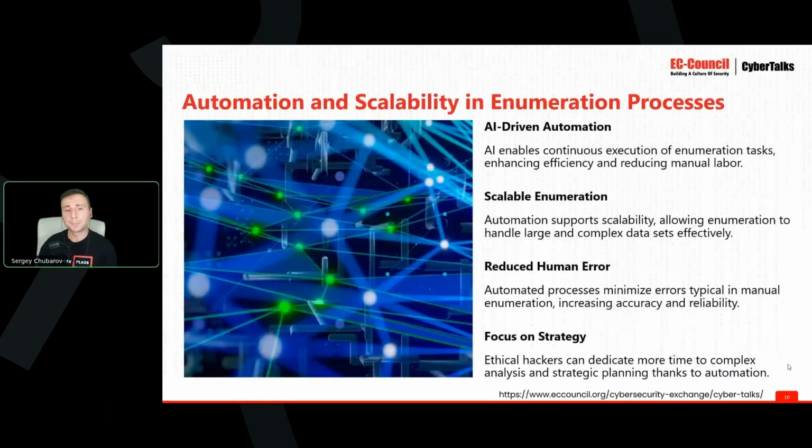How is automation going to help? AI enables continuous execution of enumeration tasks, and in that case enhances efficiency and reduces manual labor. When it comes to manual labor, of course, some experts may say, wait a second, they would like to reduce our work, and as a result, reduce our positions.